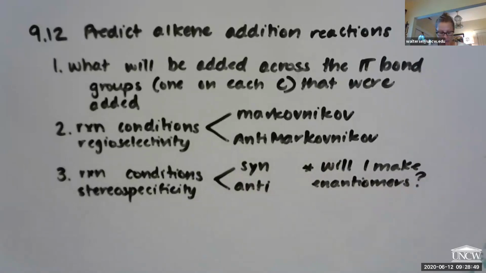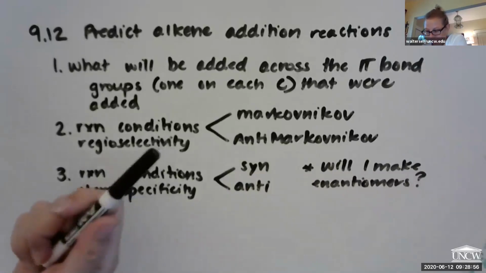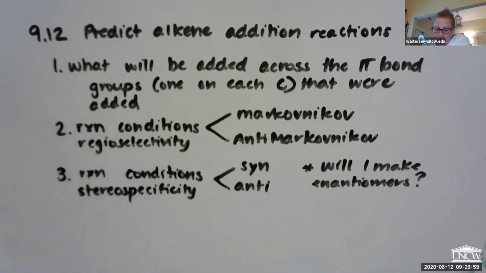So at this point, we're at the end of what's going to be tested on Monday. So I have about 3 or 4 slides worth of reactions in which you have to either look at the reactants and propose a product.